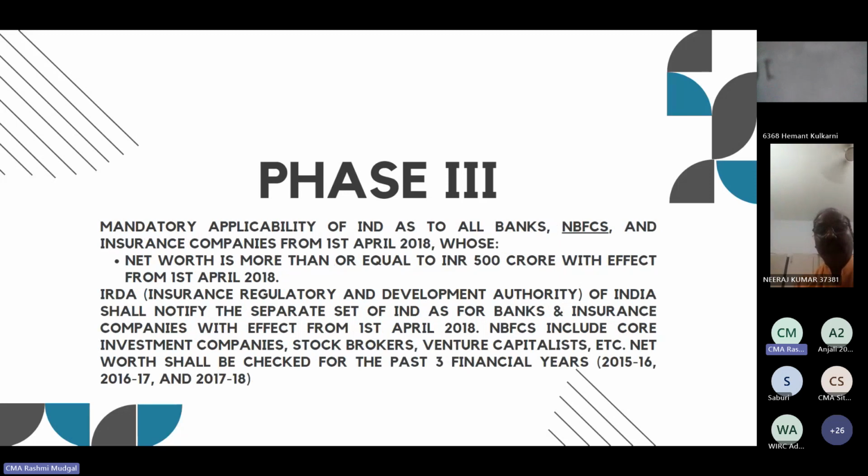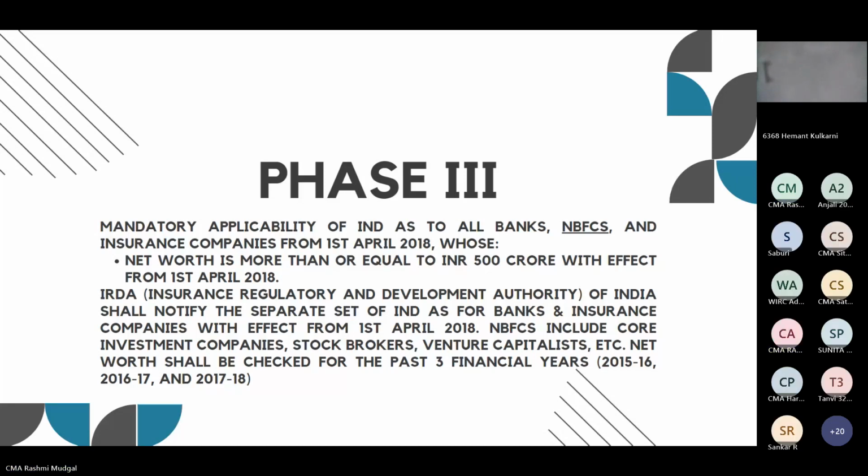Next was phase three: mandatory applicability of Ind AS to all banks, NBFCs and insurance companies from 1st April 2018 whose net worth is more than or equal to 500 crores. The Insurance Regulatory and Development Authority of India, IRDAI, shall notify a separate set of Ind AS for banks and insurance companies with effect from 1st April 2018.